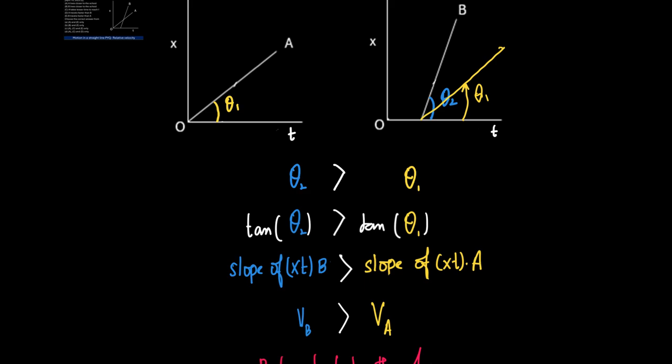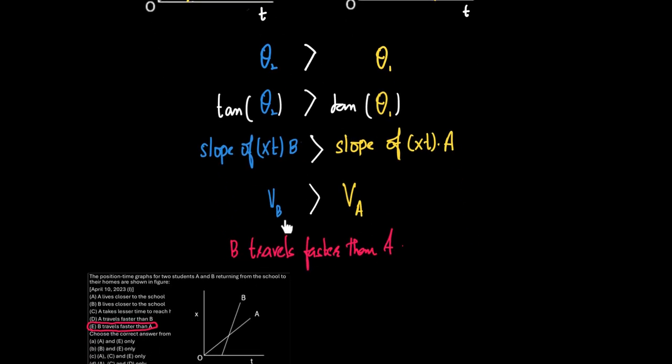What is slope of displacement time graph of A? It is velocity of A, which means from this comparison, we can clearly say that velocity of B is greater than velocity of A, or in other words, B travels faster than A.